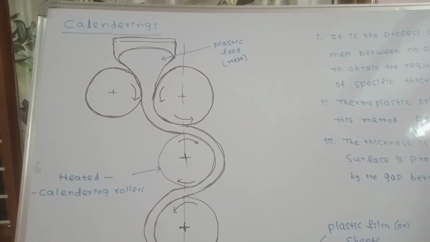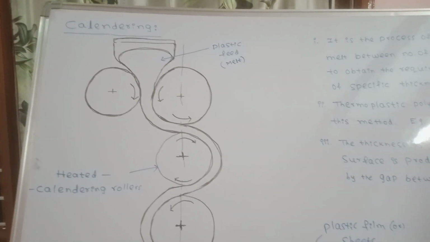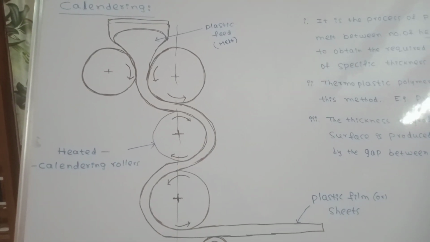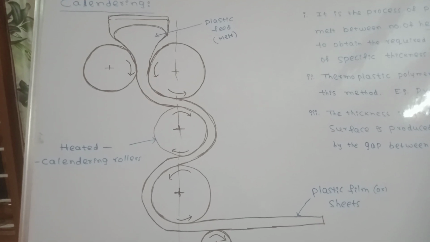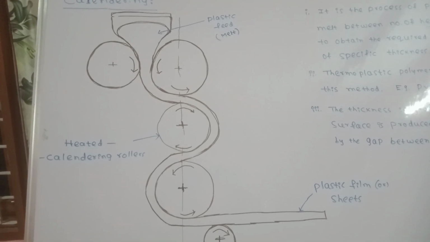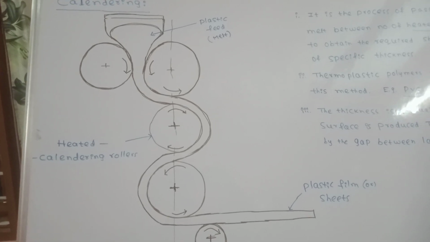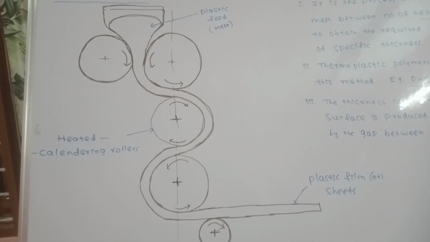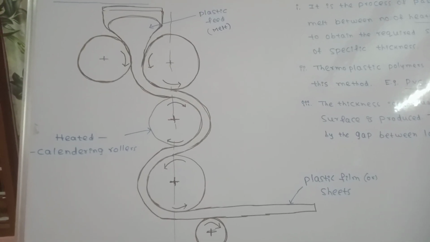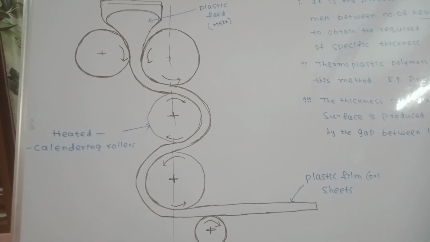In this method, plastic melt or plastic feed passes between the heated calendering rollers, so it will be guided to follow the rollers.